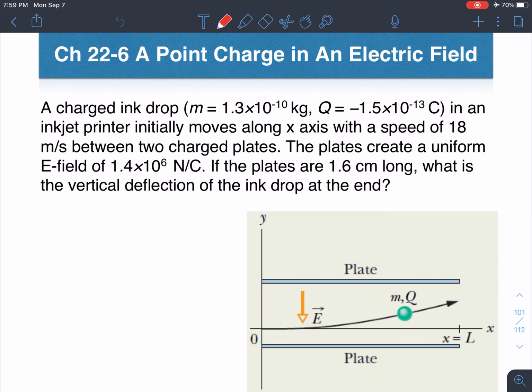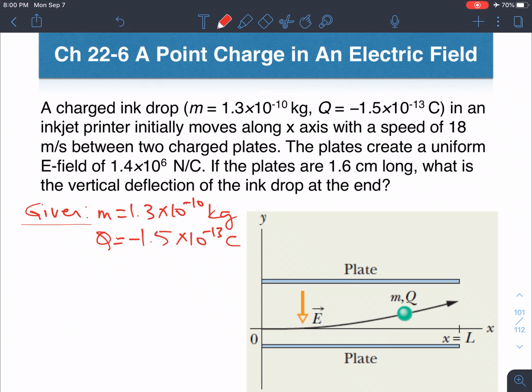So the given is, we have the mass, so we write mass 1.3 times 10 to the negative 10 kilograms. Q is negative 1.5 times 10 to the negative 13 coulomb. And what else do we have? We have the speed, and it says along the x direction, so let's say Vx, 18 meters per second.